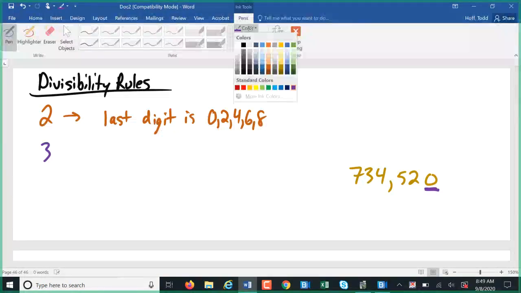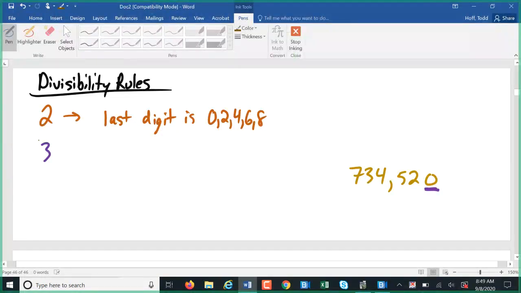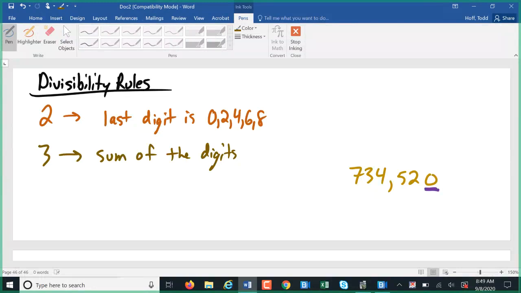Well, how do I know if something's divisible by 3? We use the sum of the digits. This is a rule I found especially useful because there are a lot of numbers out there that you don't think can be divided by anything, but you add up the digits and it's divisible by 3.